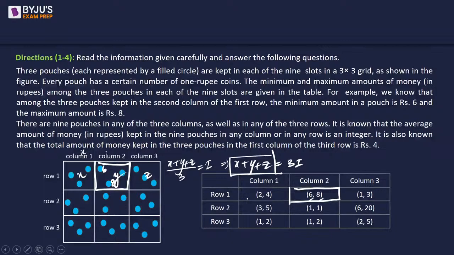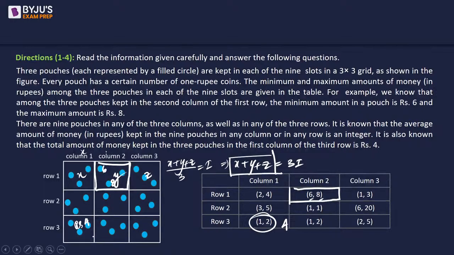It is also known that the total amount of money kept in the 3 pouches in the first column of the third row is rupees 4. So the total amount we have over here is rupees 4.